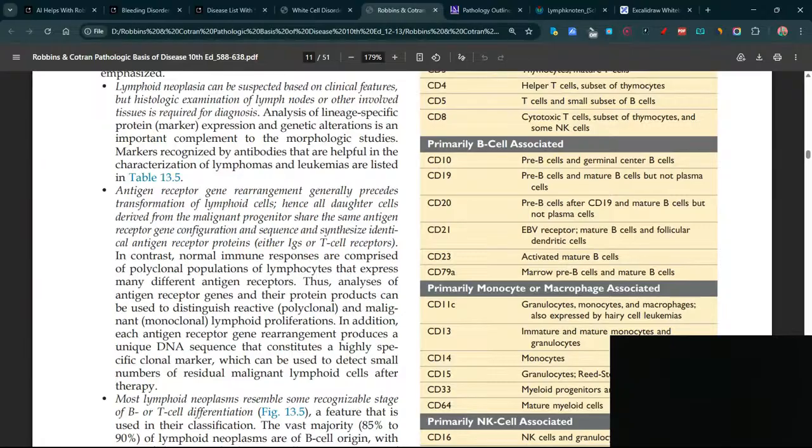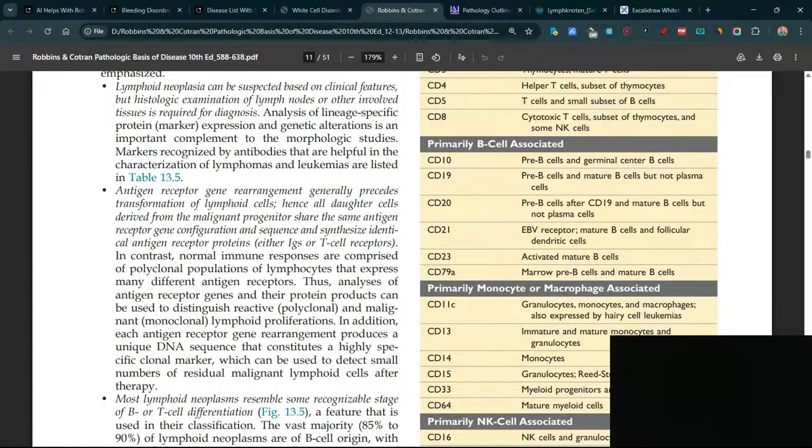Normal immune responses are polyclonal. Antigen receptor gene rearrangement generally precedes transformation of lymphoid cells, since all daughter cells derived from the malignant progenitor share the same antigen receptor gene configuration and sequence and synthesize identical antigen receptor proteins, either IgG or T-cell receptor.